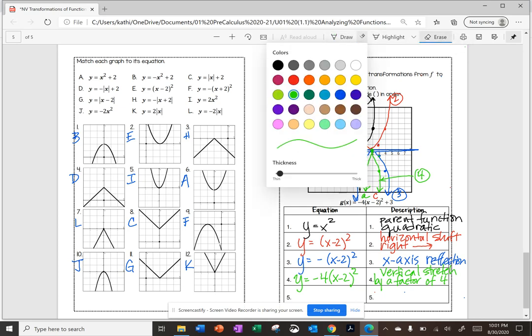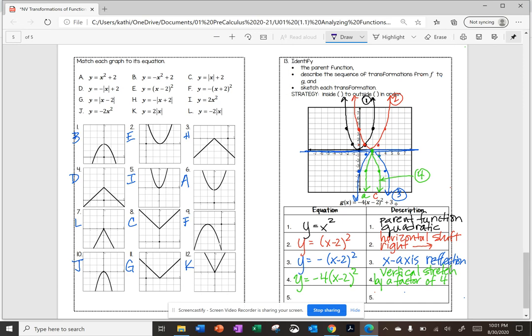And then my final graph is my D transformation. I always do D last. My D transformation is a vertical shift up, so this is y equals negative 4 times the quantity x minus 2 squared plus 3.